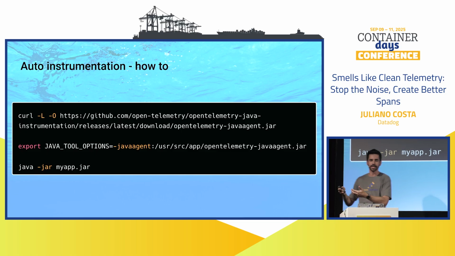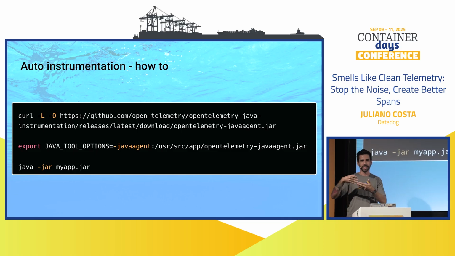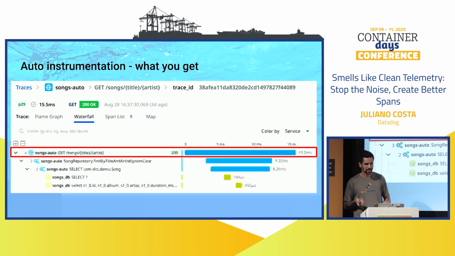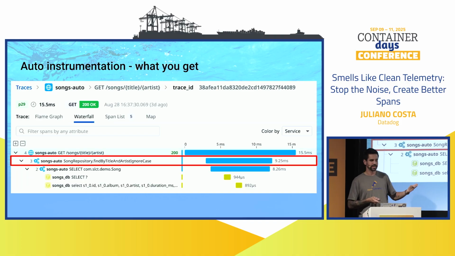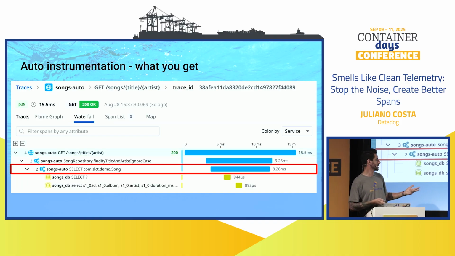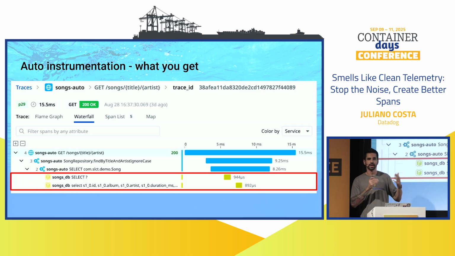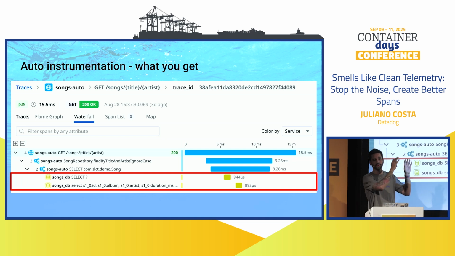When I start my application, the agent starts together with my application and basically instruments my application for me, as the name says, automatically. And with that, I would get Tomcat data, Spring data, Hibernate data, and JDBC data. All of that without touching the code, without changing anything in my application. All of those libraries are detected and instrumented automatically for me.